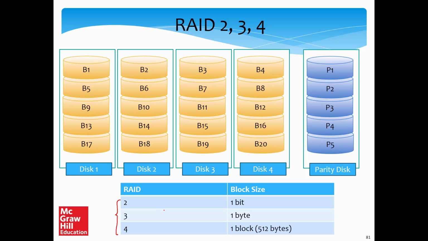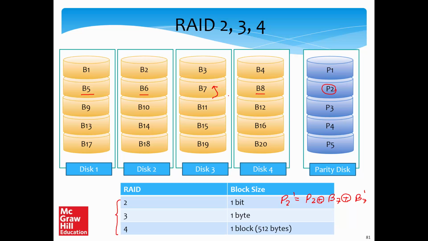And this is a direct corollary of Boolean algebra, that whenever a certain block is being written to, for example, if B7 is being written to, it is not necessary to read B5, B6, and B8. We only have to read the parity P2, and a new value of P2, which is P2 dash, is given as P2 exclusive ORed with the old contents of B7 exclusive ORed with the new contents of B7, which is something that we just proved.